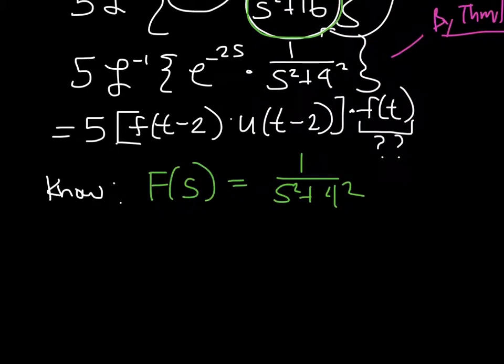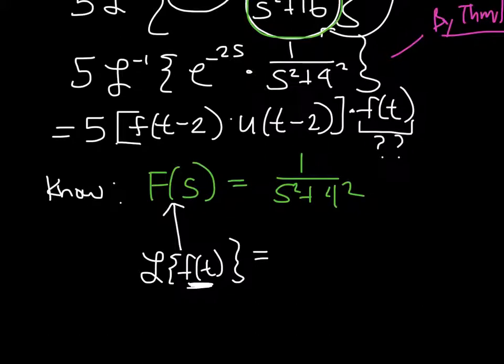Remember that our capital F of s is the same thing as the Laplace of our f of t. We want to find f of t, so let me write this guy to be consistent and not forget my expression.